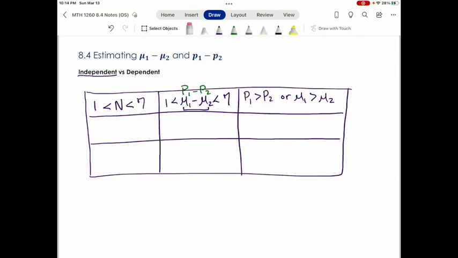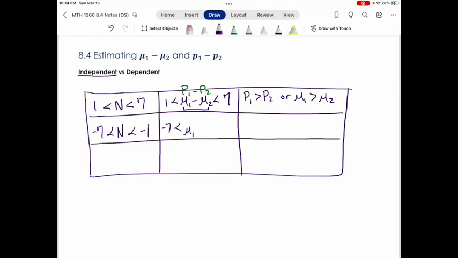Now, if I had it between two negative numbers, let's say -7 and -1, so n is greater than -7 but less than -1, then n, the number in between those two values, has to be negative.